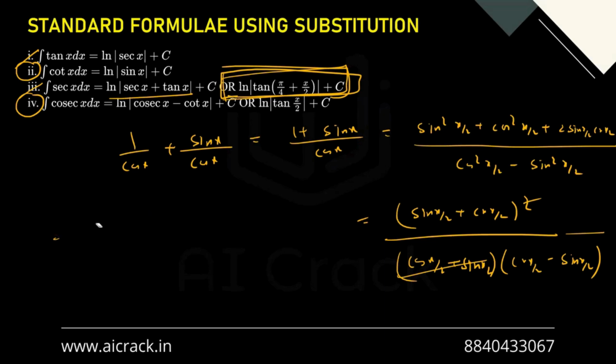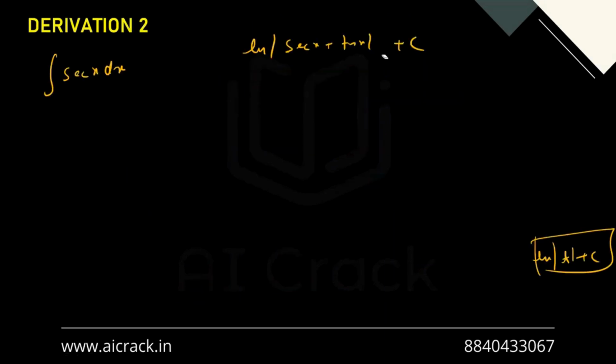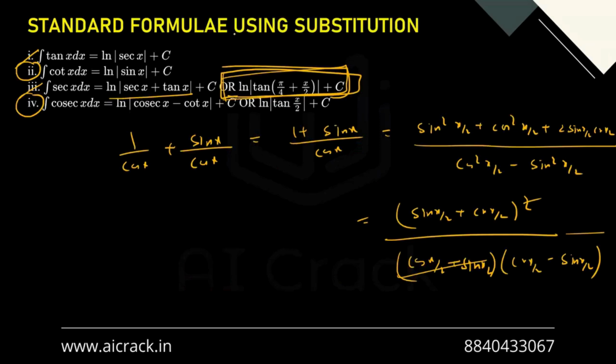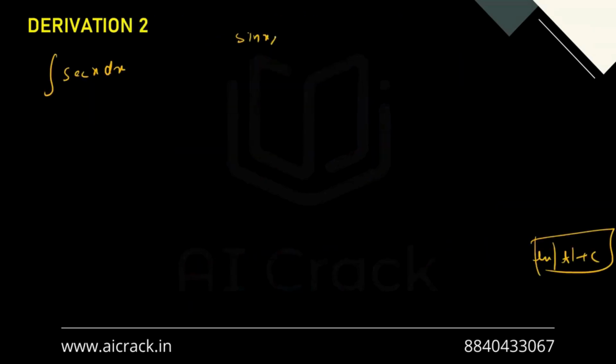So let's write this on the next page. So we have got sine x by 2 plus cos x by 2 divided by cos x by 2 minus sine x by 2.